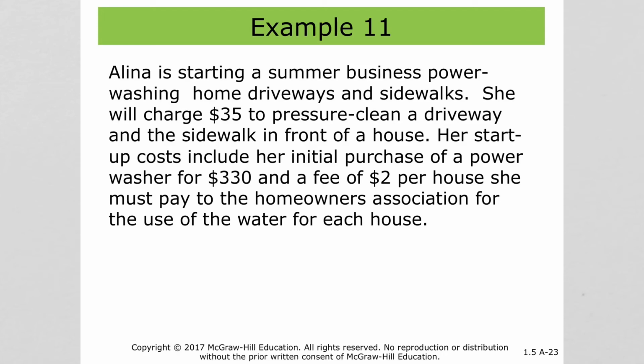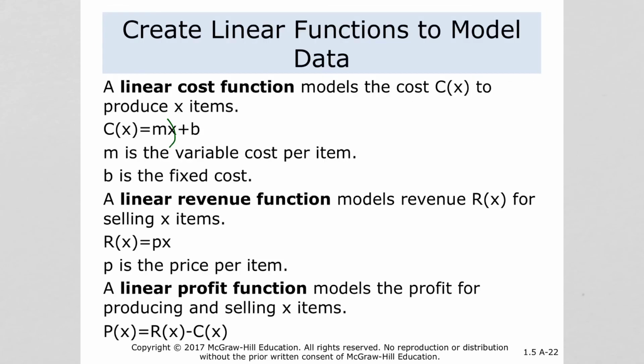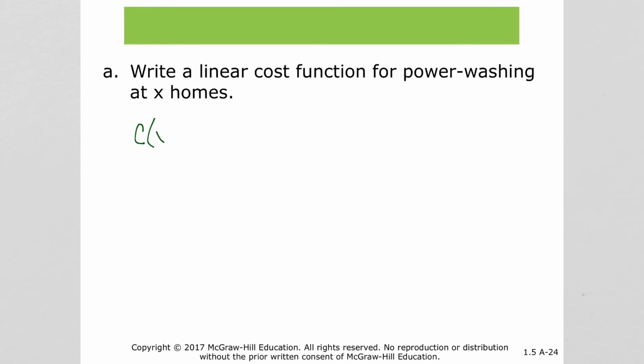So a cost function for Alina would be the fixed cost of her power washer plus $2 for each house that she washes. And that's letting X be the number of houses.